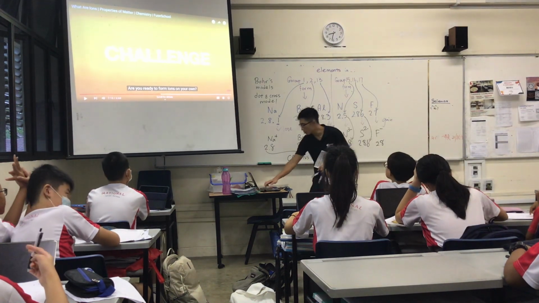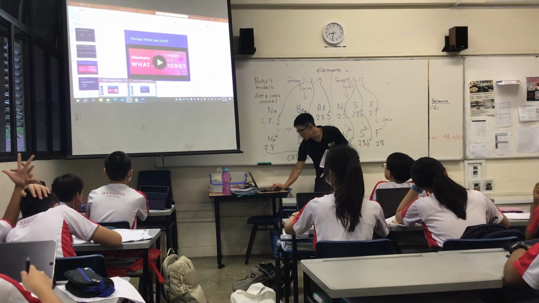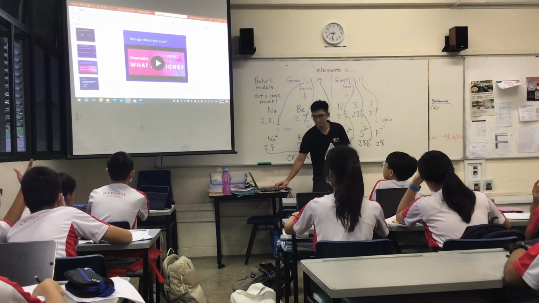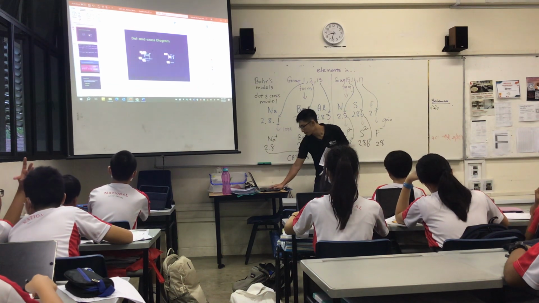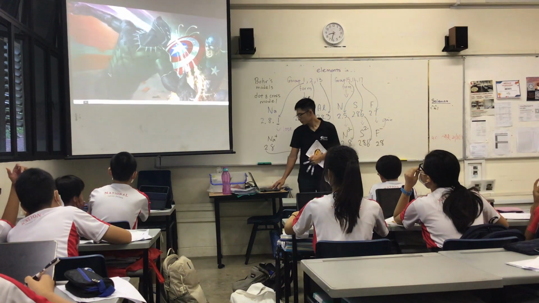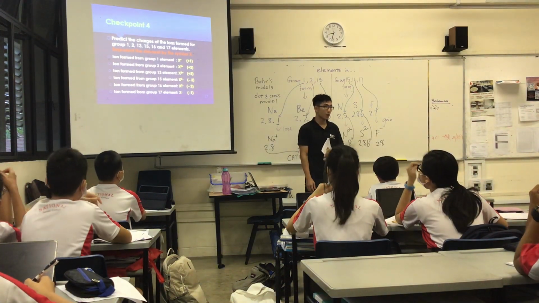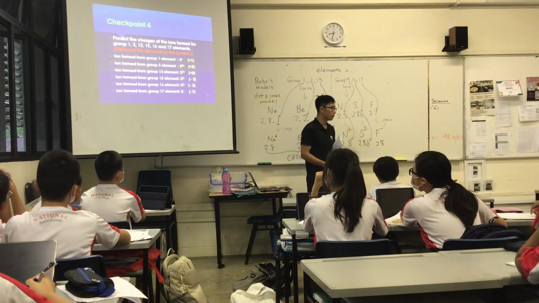Okay. Today I'm going to teach you how to draw dot and cross diagrams. This is a very important skill to pick up. Okay, so far we've learned about what kind of ions each atom can form from each group.